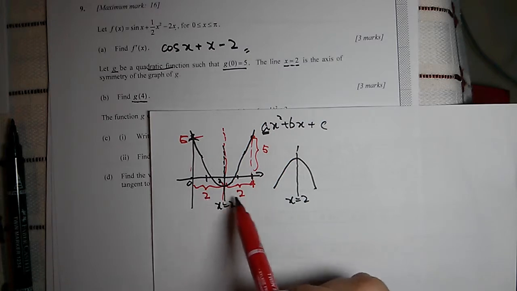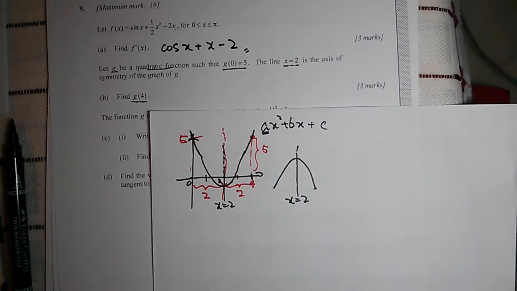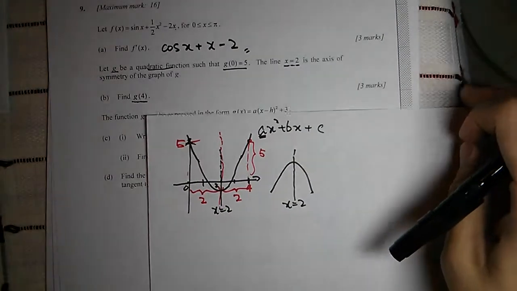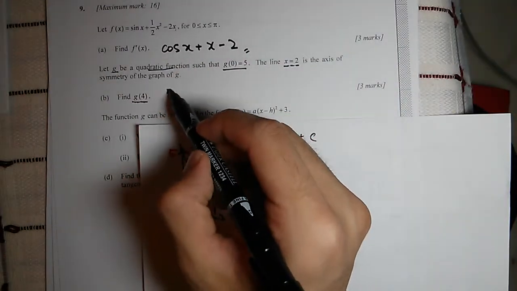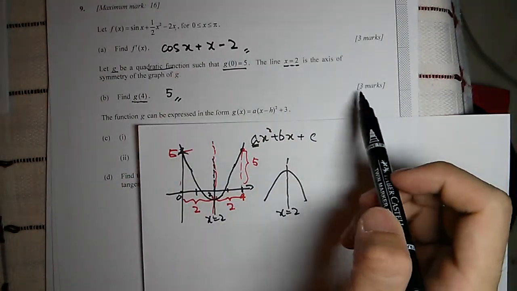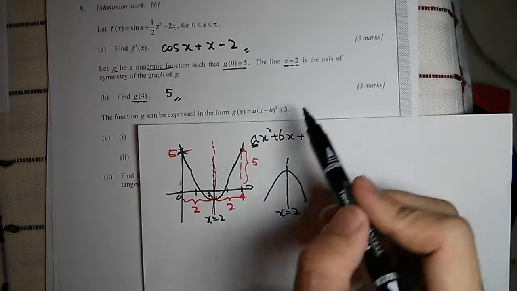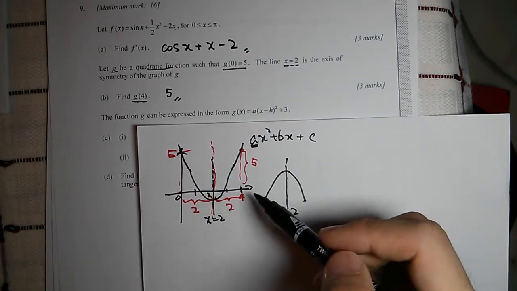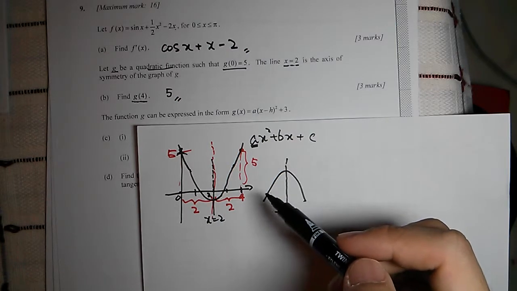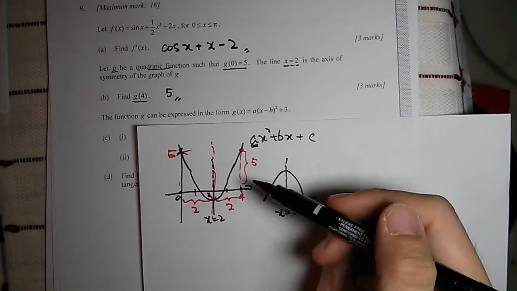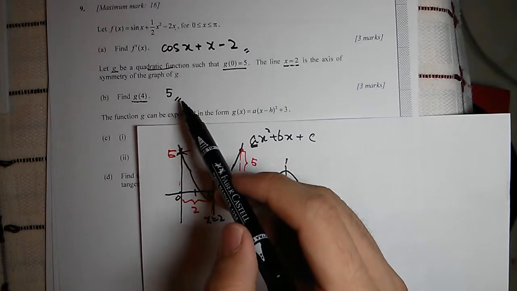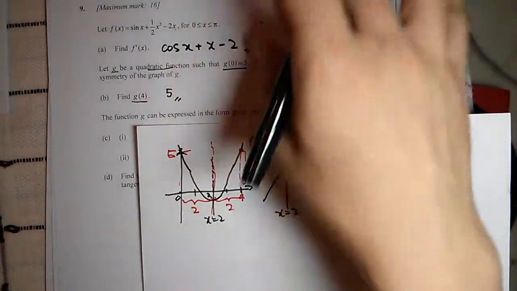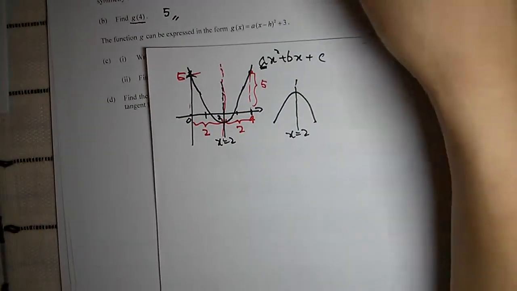They're symmetric, 2 and 2. So g of 4 is simply 5. Just write 5 there. This is enough to score you 3 marks. If you look at the marking scheme, the explanation earns method marks, but they're in brackets, which means they're optional. So if you just write down 5, you get all 3 marks. That's what I would do.